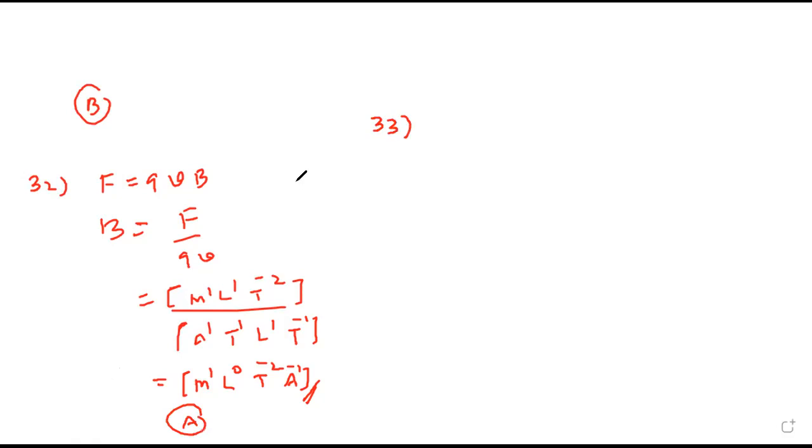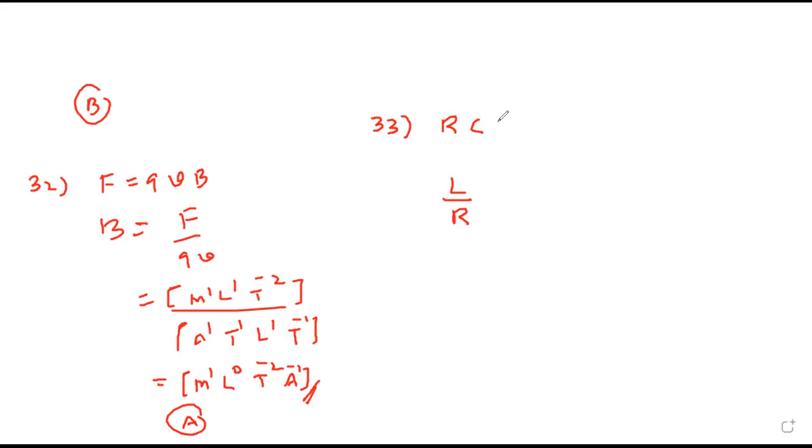33. The quantity RC and L upon R, where RLC stands for resistance, inductance and capacitance respectively, will have dimension of what? RC has dimension of time. L upon R also has dimension of time.